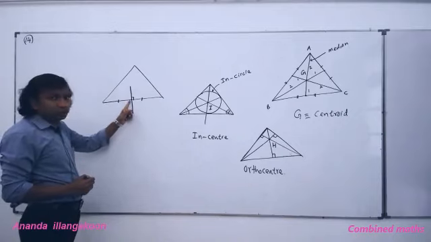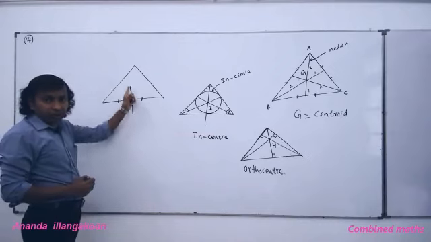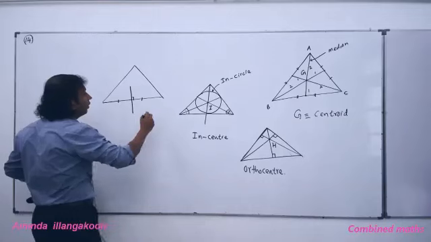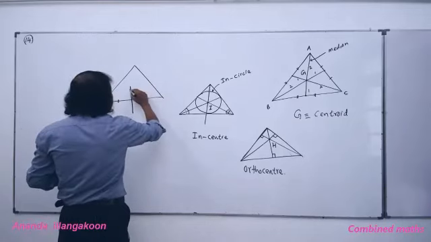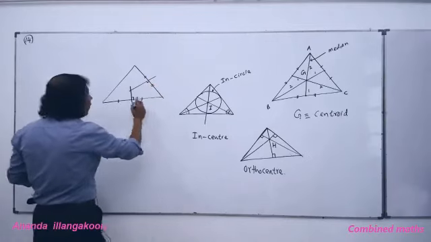It passes through the midpoint of the side, perpendicular to this side, and is therefore called the perpendicular bisector. Like this we can construct three perpendicular bisectors because there are three sides. Then we take the other one this way. These two are equal.